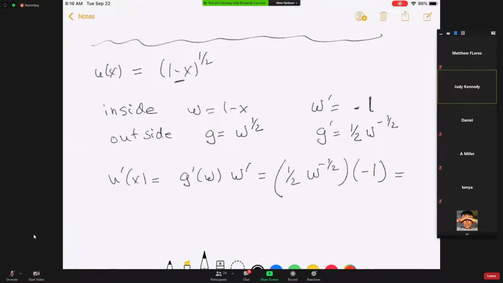And I can write that as minus 1 over 2 times the square root of w. Let's go back to x's: minus 1 over 2 times the square root of 1 minus x. Okay, so that's u prime of x.